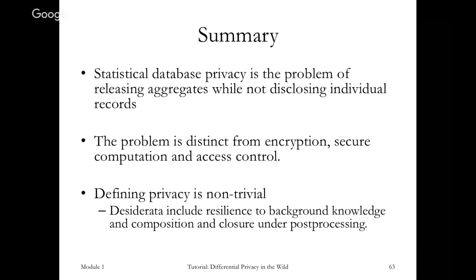Let's say Alice was the only person who had red hair, right? And then based on the study, you release that there was only one individual who had red hair, and that red-haired person has cancer. Then if you knew this was the release and there was only one individual in the entire universe who had red hair, then you knew Alice is in the data set and Alice smokes.